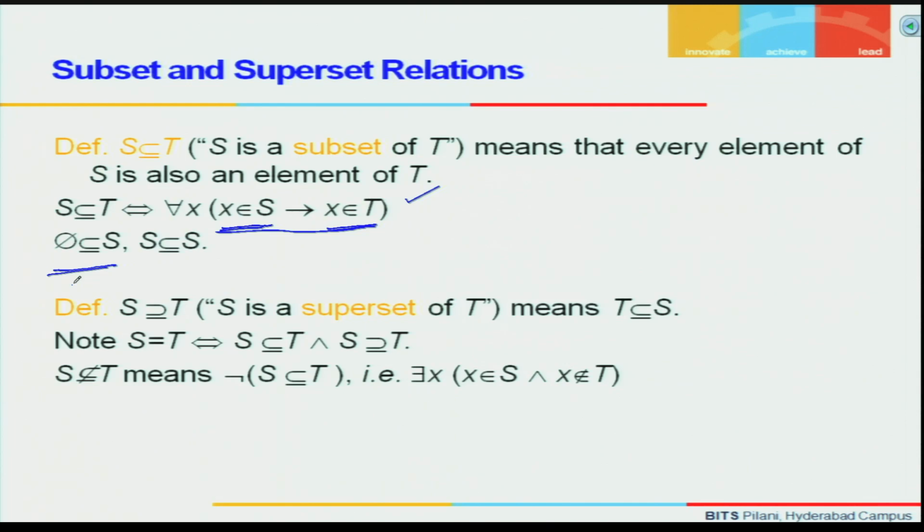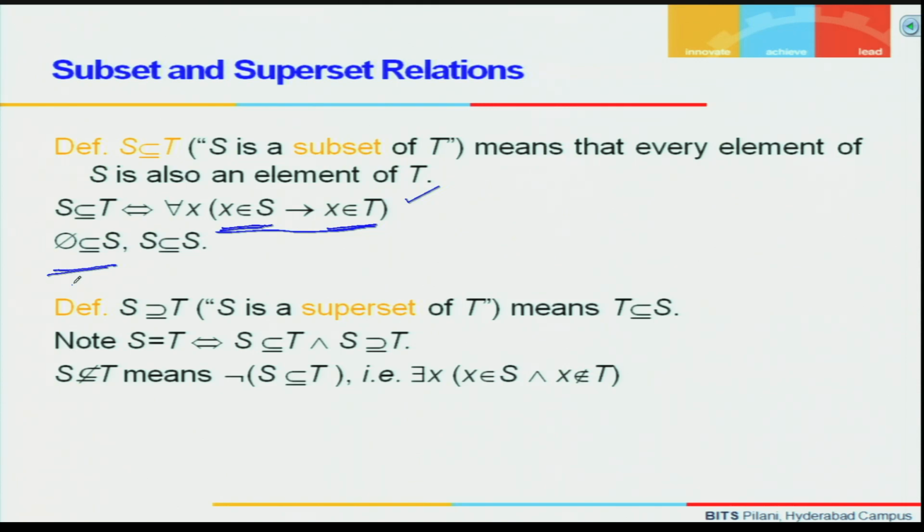Similarly, we can see S is subset of S. You take any element of S, that is going to be there in S by the very definition. Hence, S is subset of S. And similarly, we can define S is superset of T. That means it's just saying that T is subset of S.